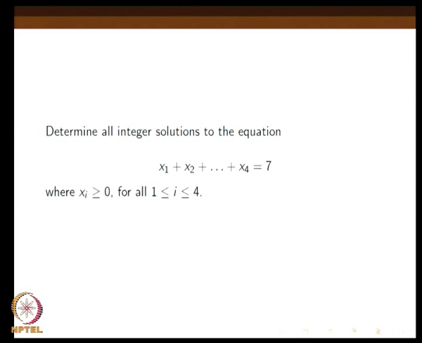Now for the next question, we will consider a slightly different way of looking at the same thing, using a number theoretic question.